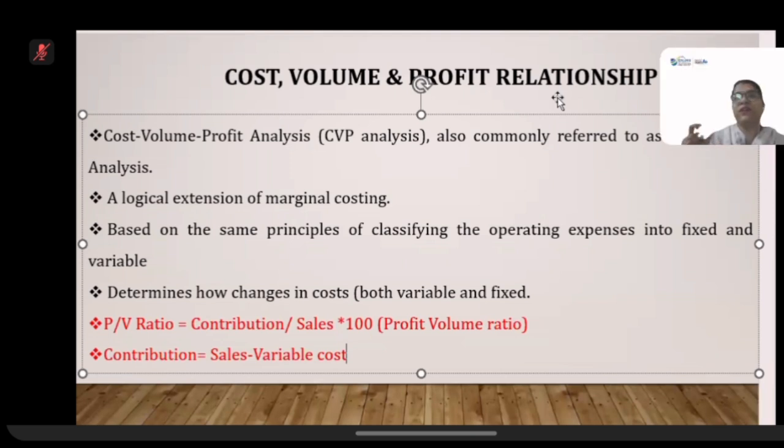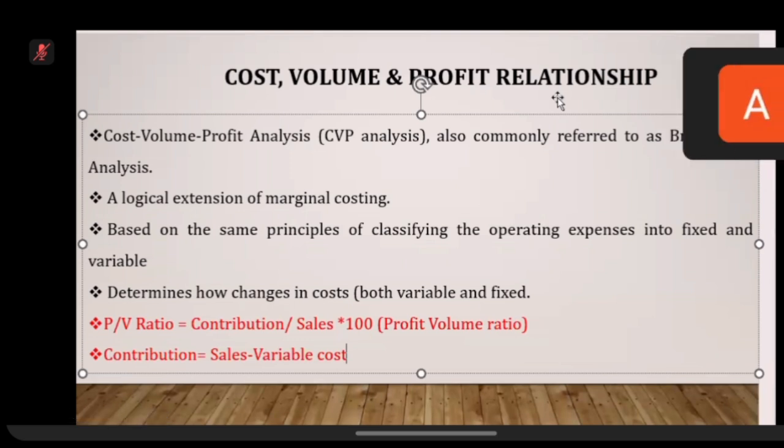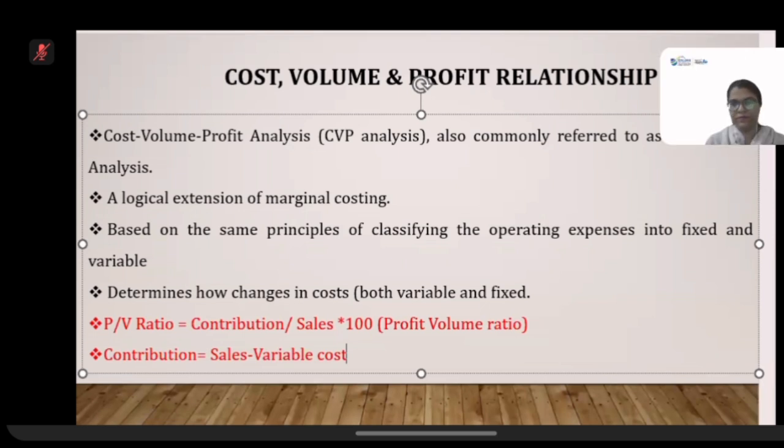But we cannot say laborers or contractual. We have to use the accounting term laborers. Clear? Fine.